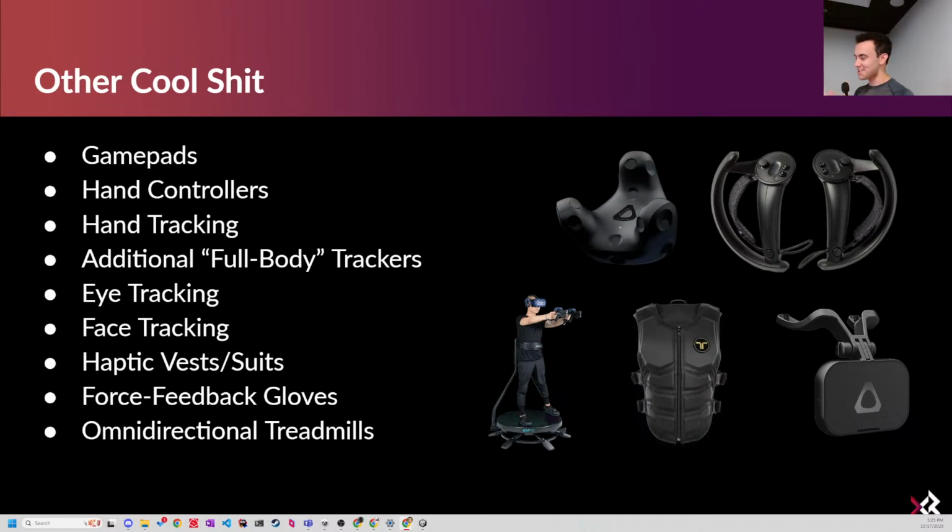In addition to the traditional VR headset and VR controllers, we also have a whole range of peripherals that you can attach. Each one of these has Unity APIs. We have everything from what are called full body trackers. You can see there's that little puck in the top left.